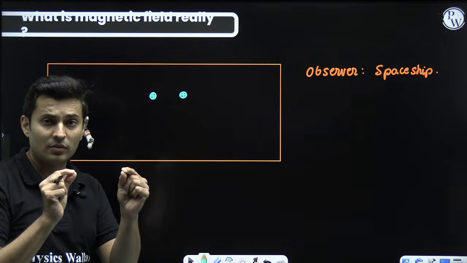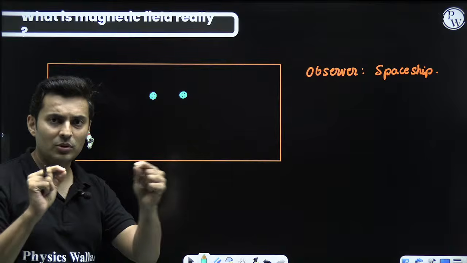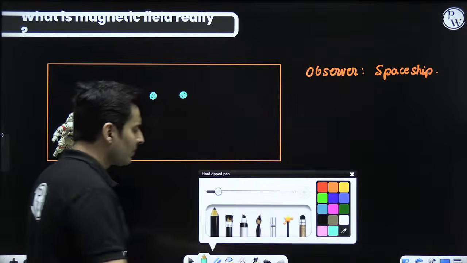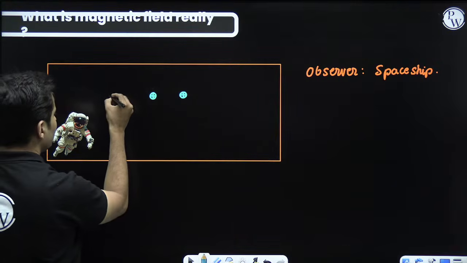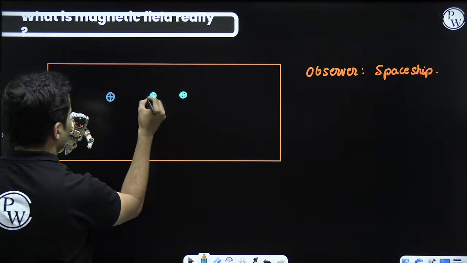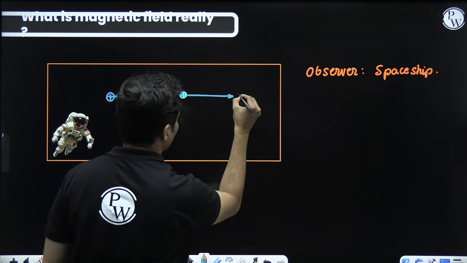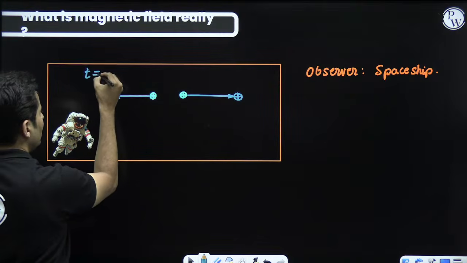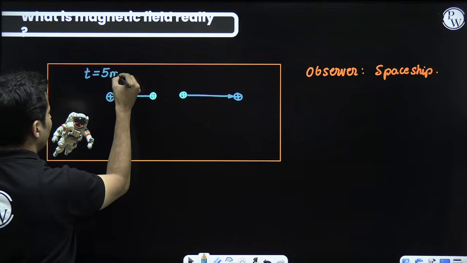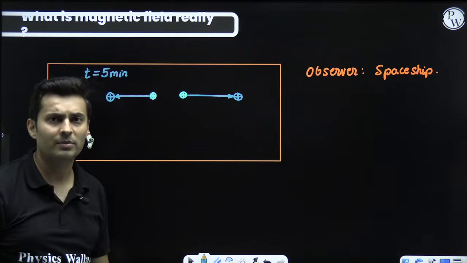These charges will obviously repel and move apart, applying those repulsive forces, and they will eventually reach some point, maybe over here. This charge has moved this much, and this charge has moved so much. Let's assume the dark blue is after, for example, 5 minutes. I can take 2 minutes, 3 minutes. This is just for your understanding purposes.